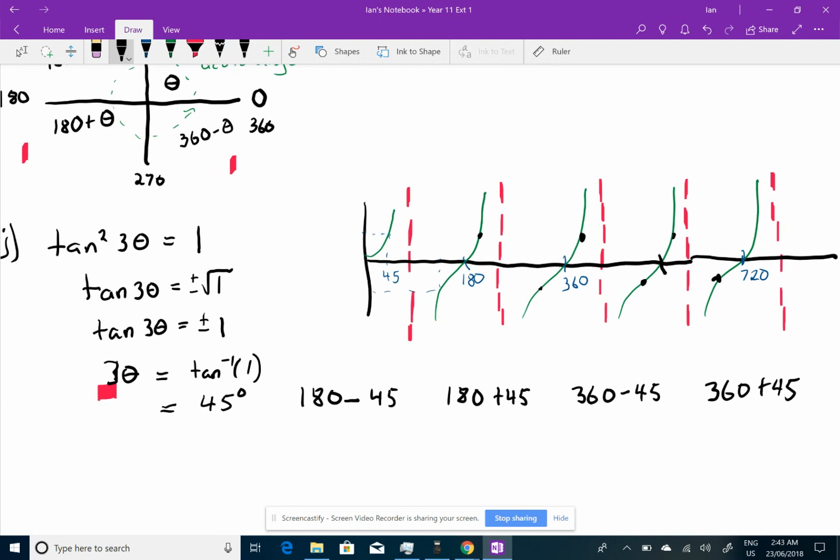So watch what happens. We get 45. 180 minus 45 is 135. 180 plus 45 is 225.